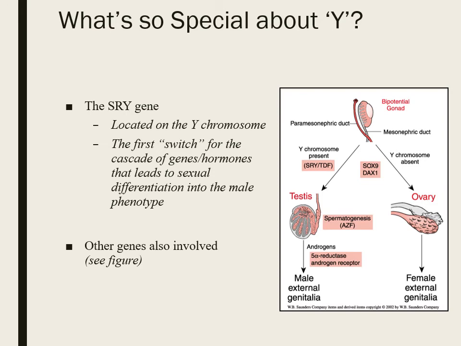It's this gene that starts the chemical cascade, including testosterone, that leads to a fetus developing into a male. There are also other genes involved, but the SRY gene is probably the most prominent, and it happens to exist on that Y chromosome.